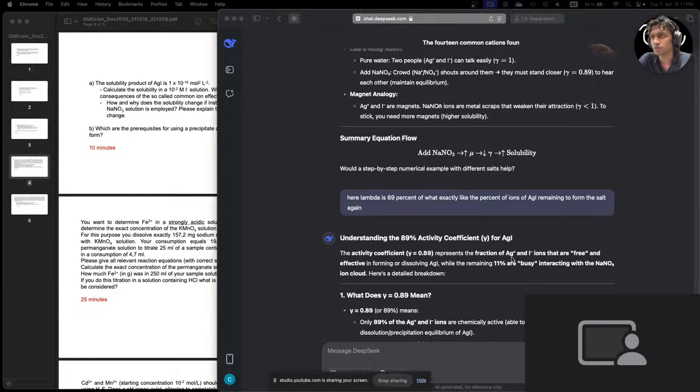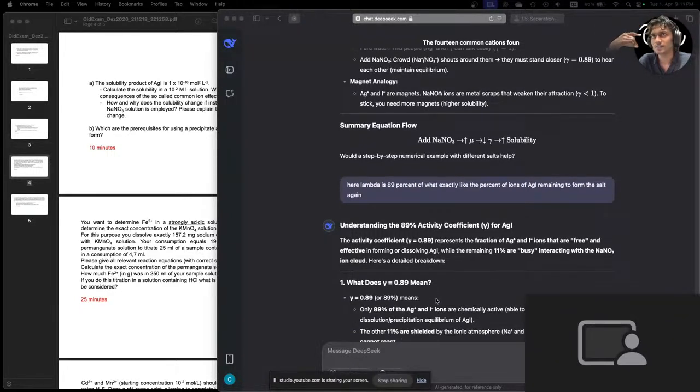Okay, yeah, that represents a fraction of Ag that is free for effective interaction. Okay, that is the Ksp, not Ksp, but that is the amount of ions that is not under the cloud, and this amount should be 100.